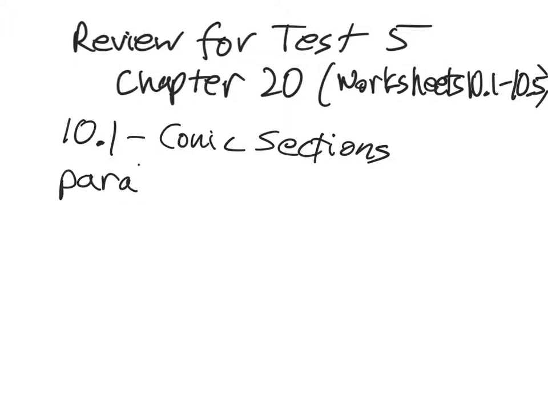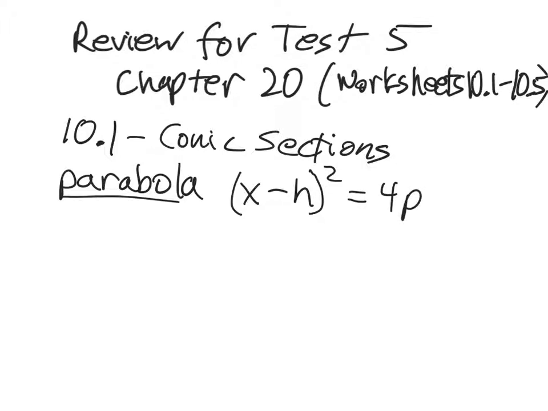Parabola, we'll just look at the basic forms. The formula for that is what? (x minus h) squared equals 4p(y minus k). Like I said all along, the parabola kind of goes away from the others.